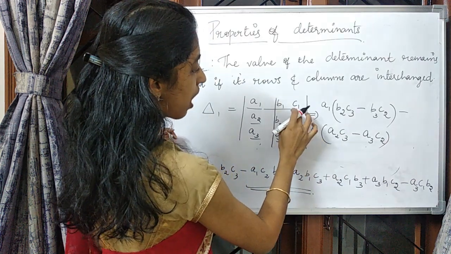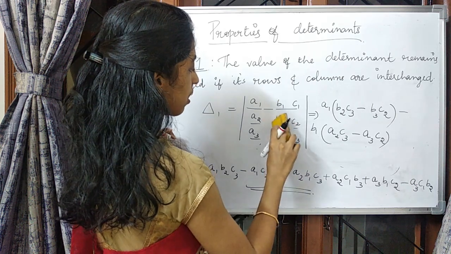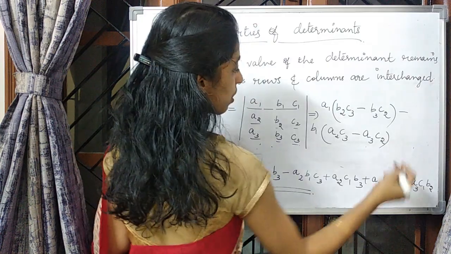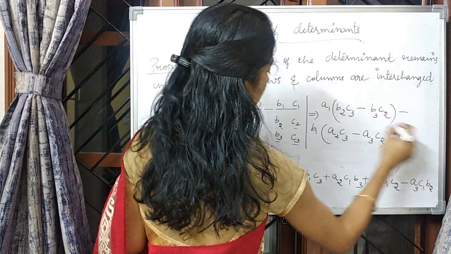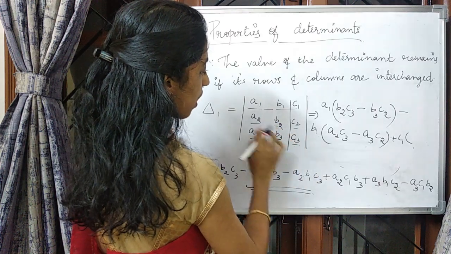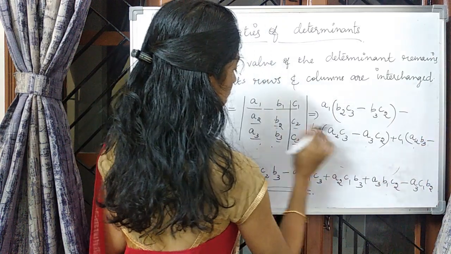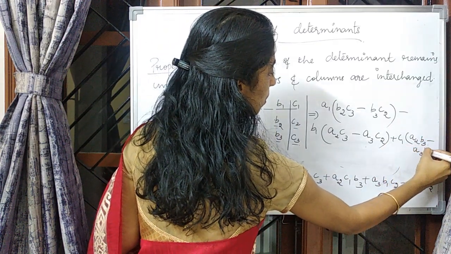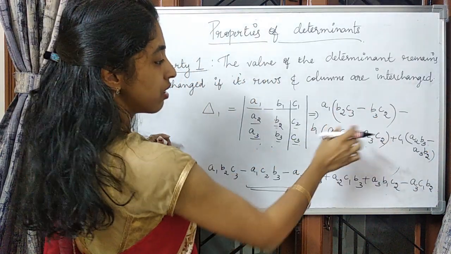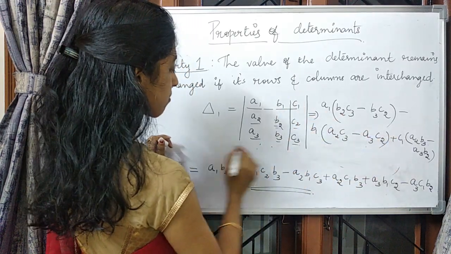Then the last element is C1. Its sign will be plus, because the signs alternate. So plus C1, its corresponding row and column vanish, and the remaining four elements give A2 B3 minus A3 B2. Clear? Now we can take A1, B1, C1 inside.